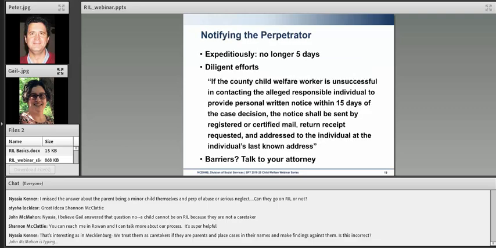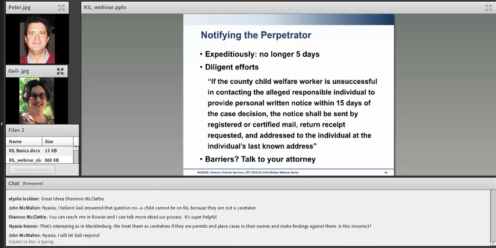So, "expeditiously" was changed this past October because folks were getting hung up on the 5-day thing. What we wanted to do was purposely make it vague, so that there wasn't a specific time frame.